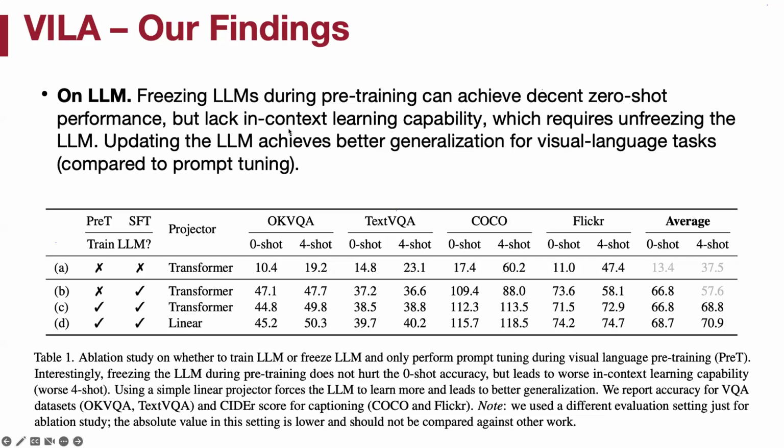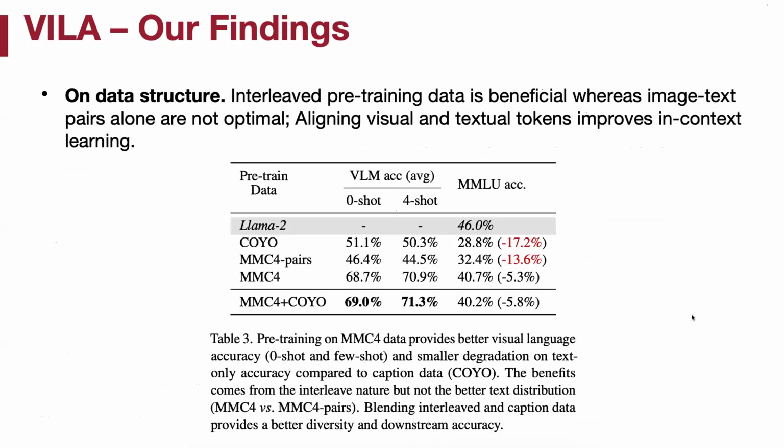As we show in this table, we had a very detailed ablation in the paper where we compare, for pre-training and for SFT, whether we lock or freeze the language model versus completely opening it. The results are quite strong: we rigorously compared all the different benchmarks of visual language tasks and observe that for few-shot, this unlocking brings significant benefits.